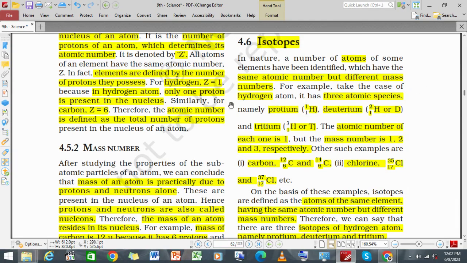For example, the hydrogen isotopes, the three atomic species are protium, deuterium, and tritium. So here you can see the lower side is the same, 1, 1, 1. Everywhere you can find 1 is there. All right, but on the top we have 1, 2, and 3. Means top is different and bottom is same. So isotope, iso means different top.